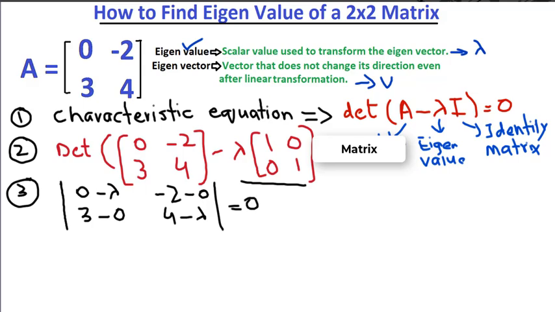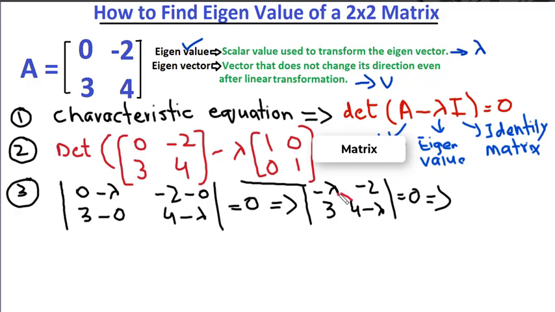Now we have to take the determinant of this. First I write the simplified form: minus lambda, 3, minus 2 and 4 minus lambda equals 0. Then we take the determinant of this 2 into 2 matrix by multiplying the diagonal entries and subtracting them from each other.